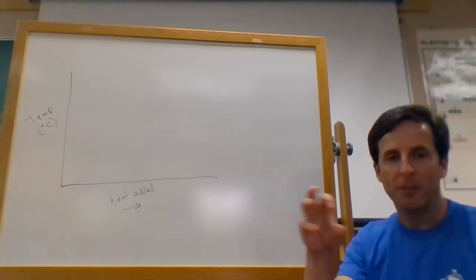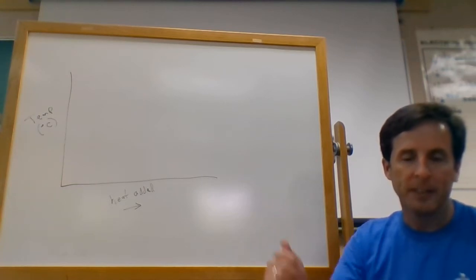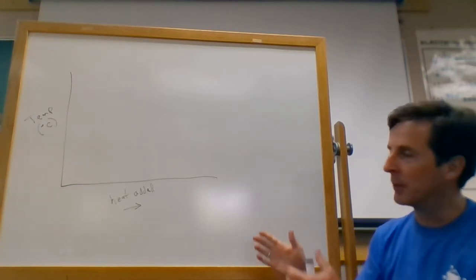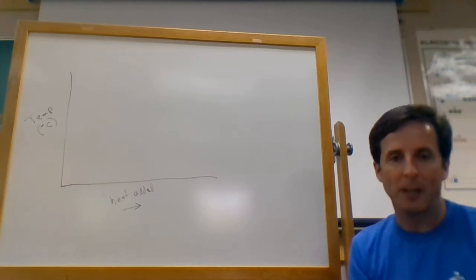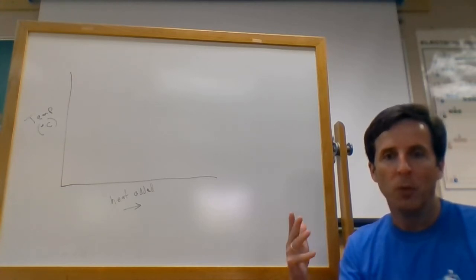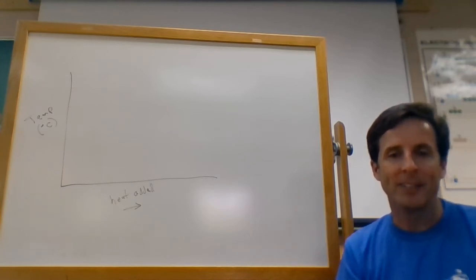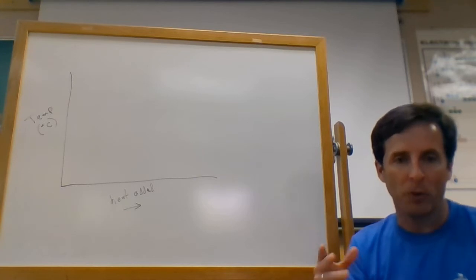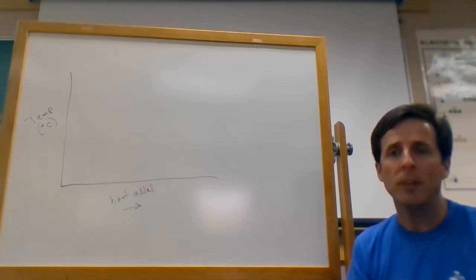I take it out of the freezer, I put it into a pot, I turn on the heat, and basically we want to make a graph of what happens. Normally in class I would ask the students what happens when I start heating up a piece of ice. The answer is normally that the ice starts to melt. That is not the answer that I'm looking for.